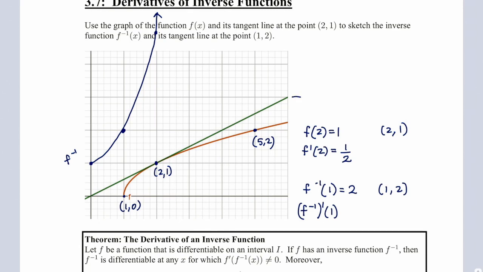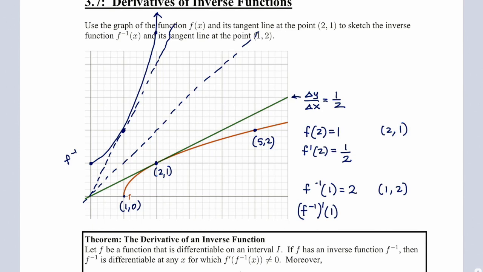So if we know that for this line, the change in y over the change in x is 1/2, then when we reflect everything across the line y equals x, the slope of this other line is going to be exactly the reciprocal, which should be 2 over 1 instead of 1 over 2.